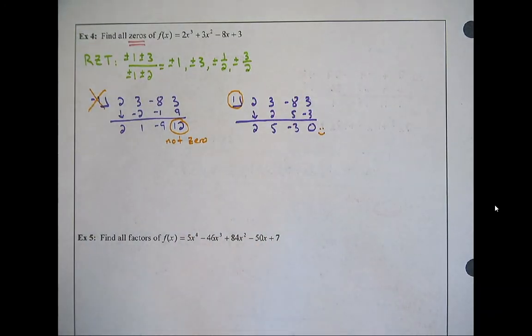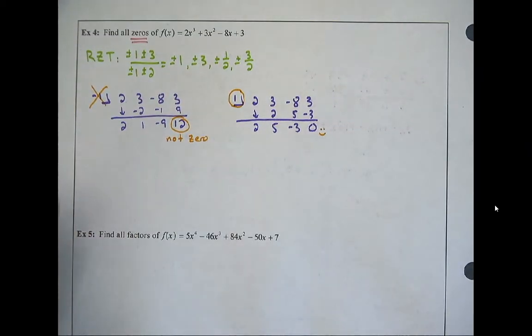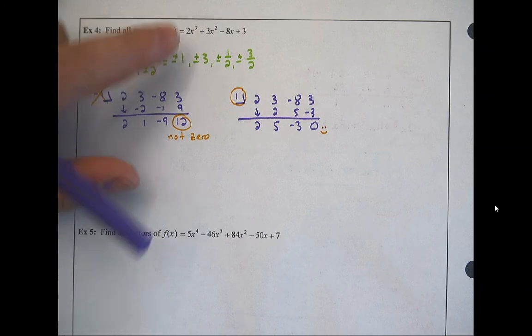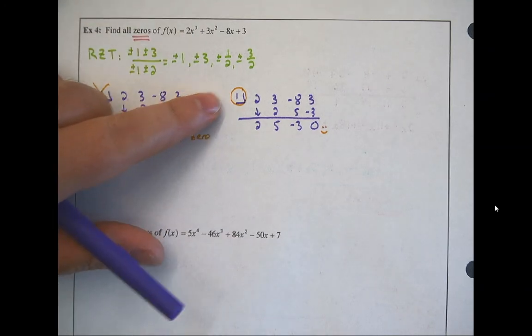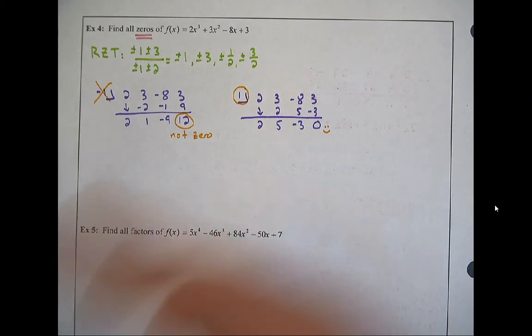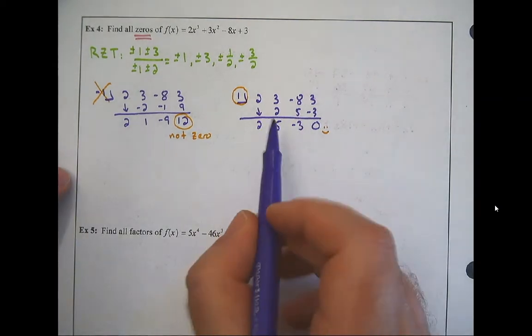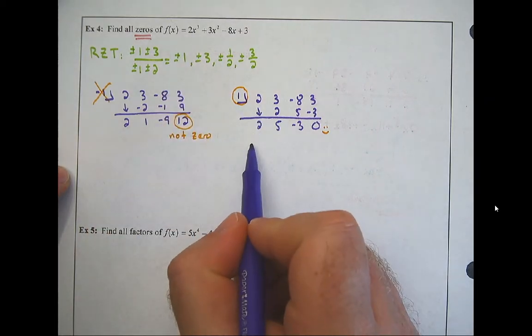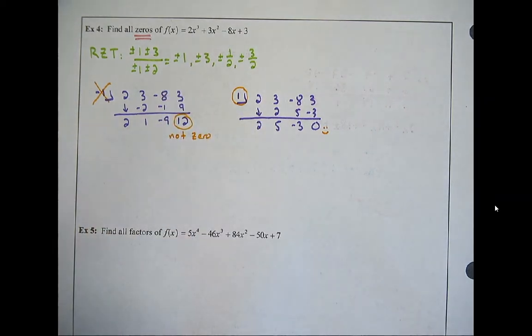Now, from here, you can keep guessing if you want to. You can go back and try to guess again, because how many of these zeros do we have to find? There should be 3 total zeros. We found 1. There are 2 more out there. So you can keep guessing if you want to, or you can realize that this was an x cubed that you broke down once. So that means that this is an x squared.